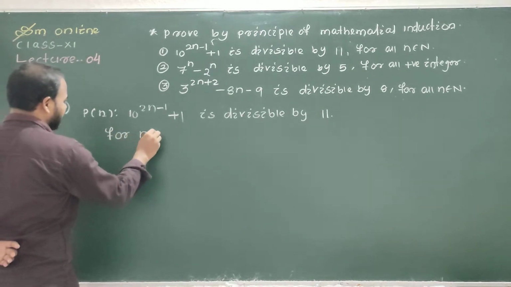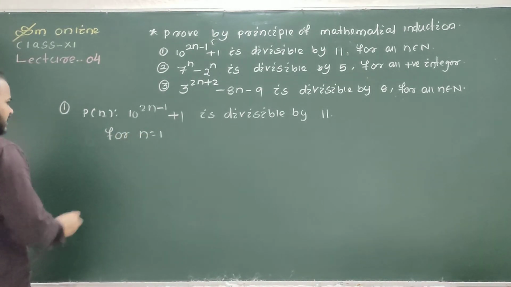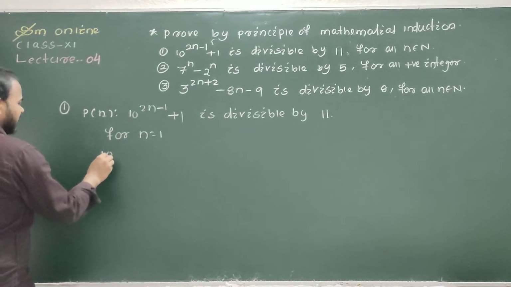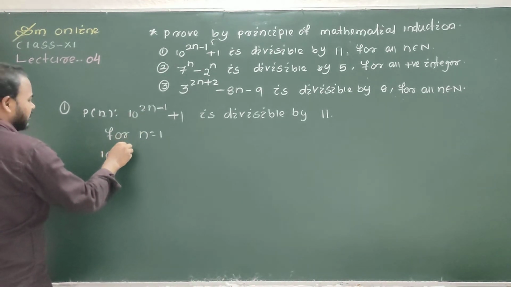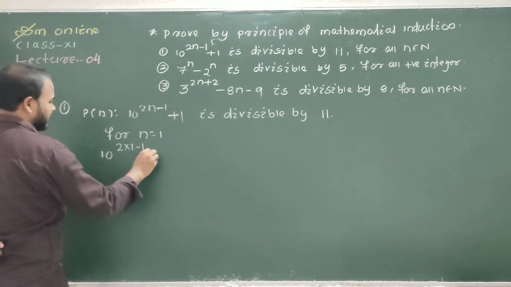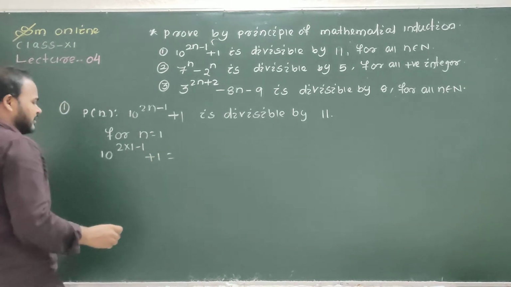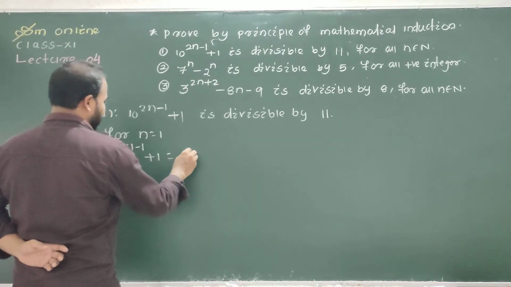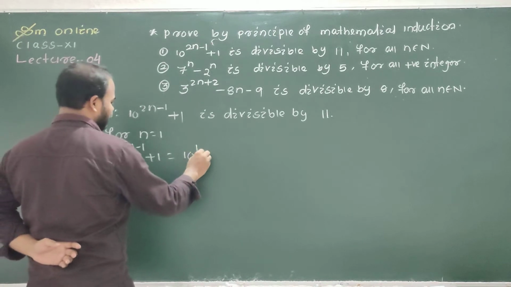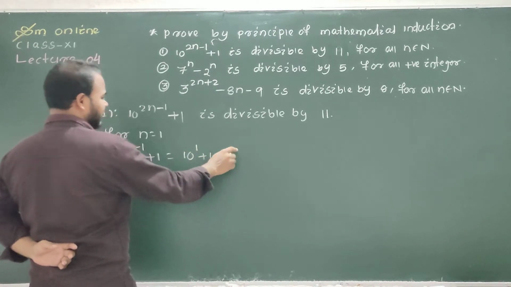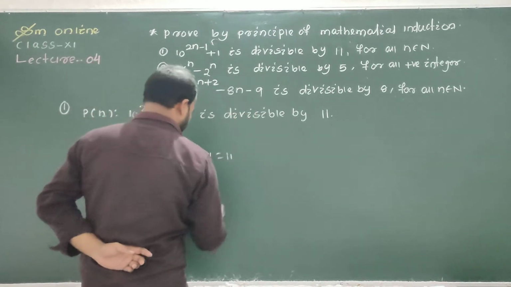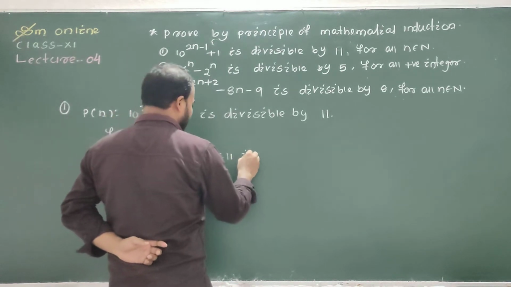For n equal to 1, that is 10 to the power 2 into 1 minus 1 plus 1 equal to 10 to the power 1 plus 1, and this is 11, and 11 is divisible by 11.